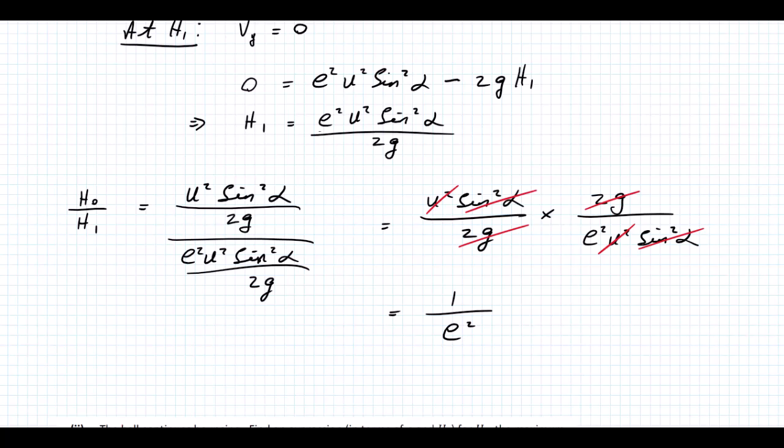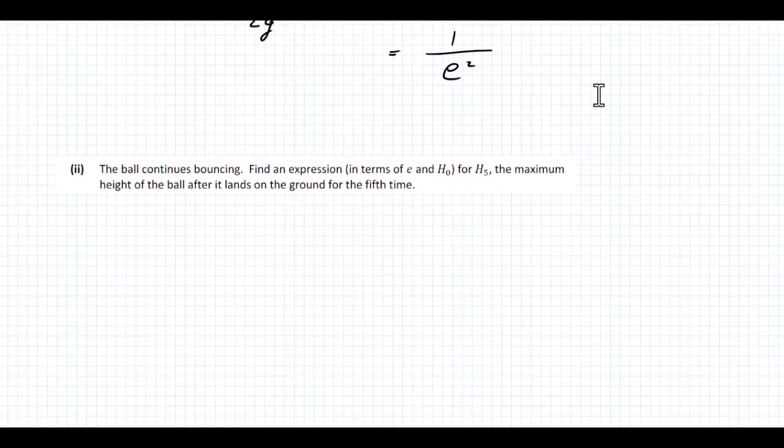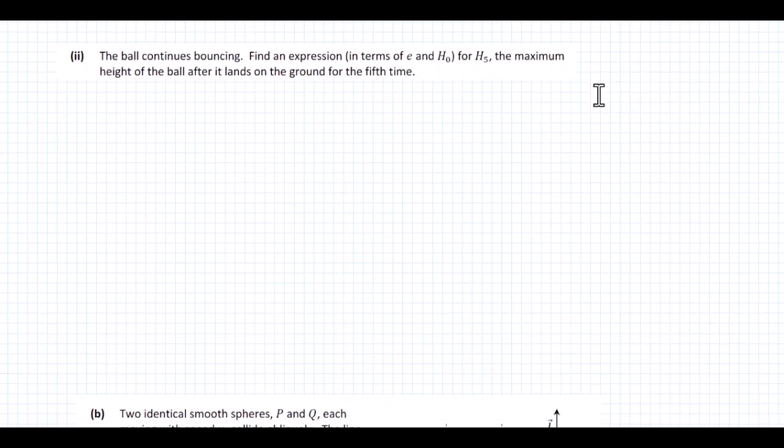Okay, so let's have a look at part 2. So the ball continues to bounce. Find an expression in terms of e and h0 for h5, the maximum height of the ball after it lands on the ground for the 5th time.